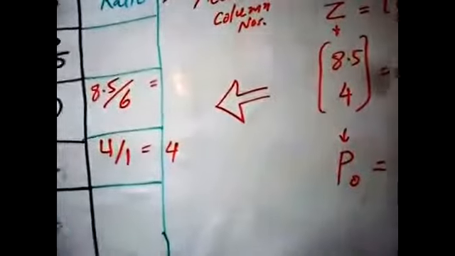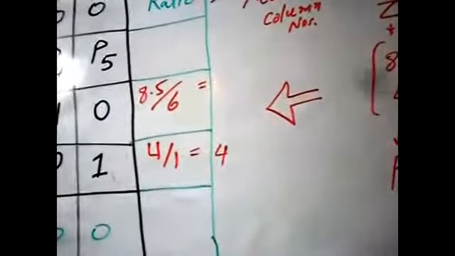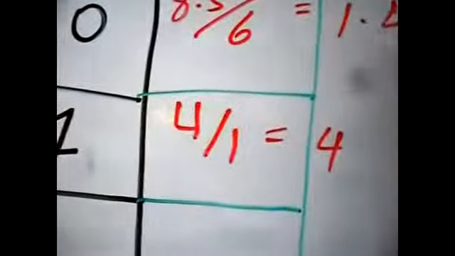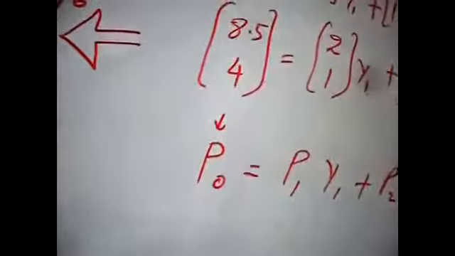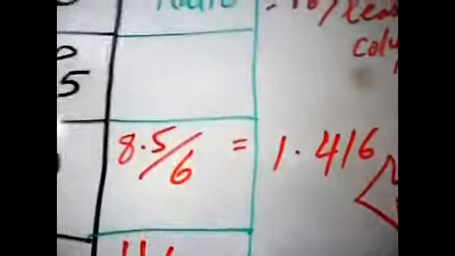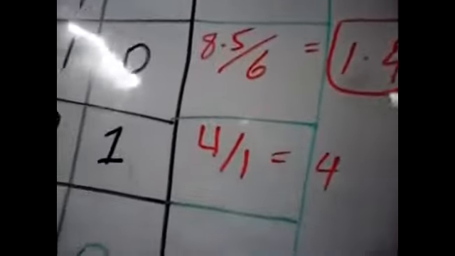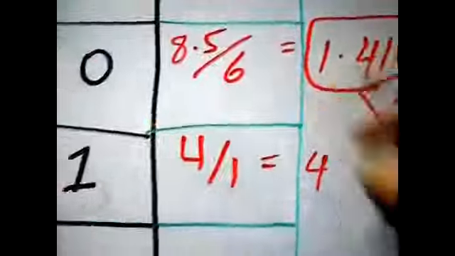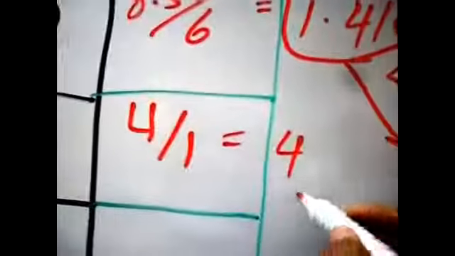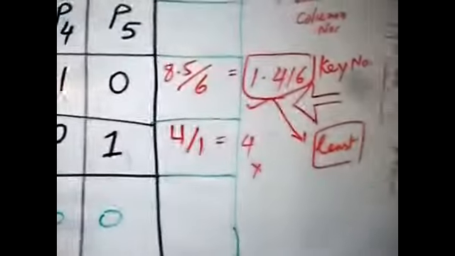And 8.5 divided by 6 is 1.416, which is the key number for calculating the rows and columns of the second simplex table. 4 is more than 1.416, so we will not take it; we will take this one for the second simplex table.